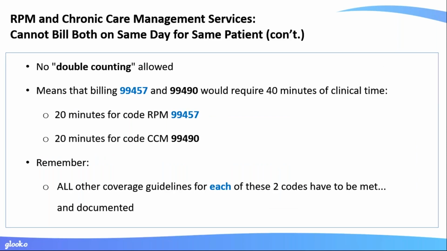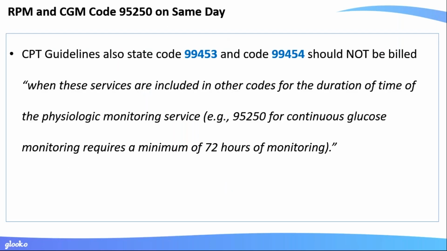That's double counting, and they won't allow you to do that, okay? And the same with, again, these different codes. Chronic care management and remote monitoring, billing, again, double counting the same time for 2 different codes. Okay. And that's what this guideline says also right here.